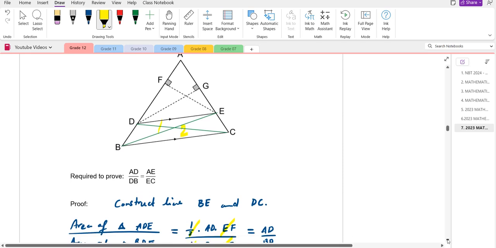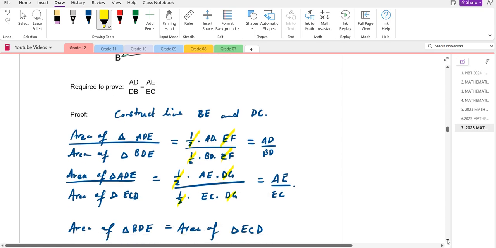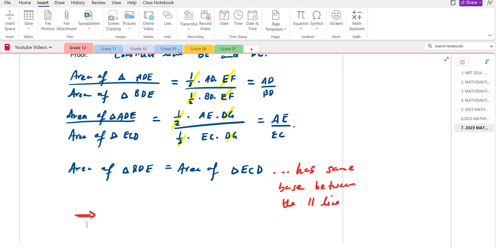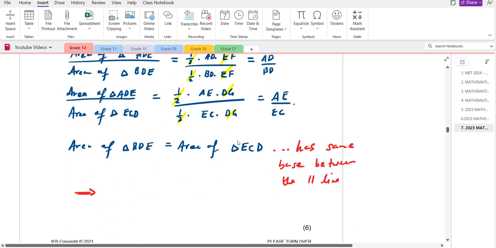Same base between the parallel lines. We can write that down. Has same base between the parallel lines. Right, so this implies, hence the result, this implies AD over BD equals AE over EC.